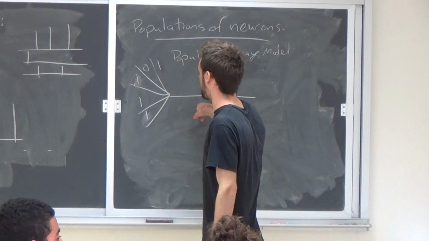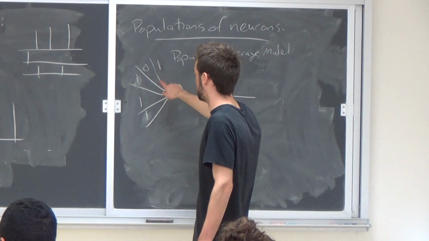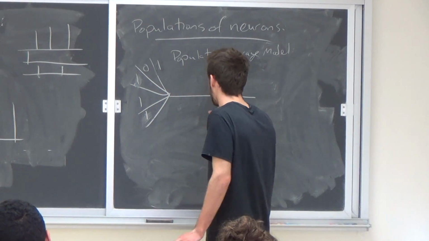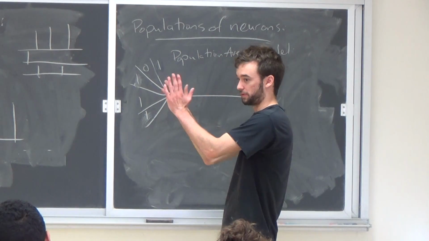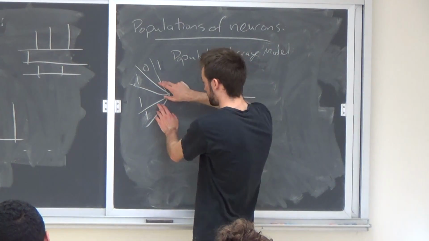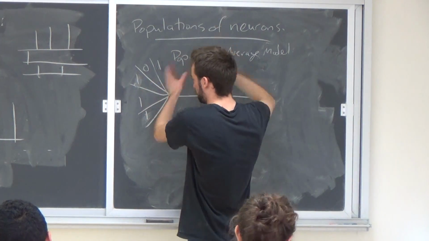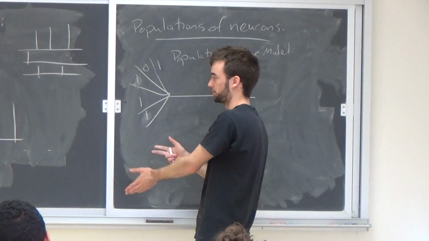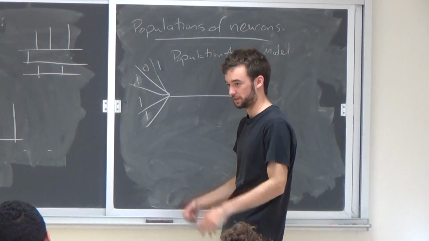There are a lot of different ways to do something like this. One way is you do have an activation function. But right now I'm just saying that the way this guy decides whether or not to fire is purely based on some sort of threshold. So if 50% or more of these guys fire, I'm firing, and at under 50%, I'm not.